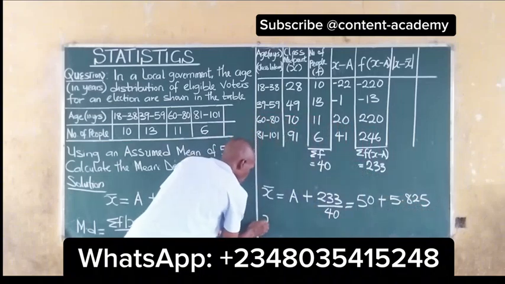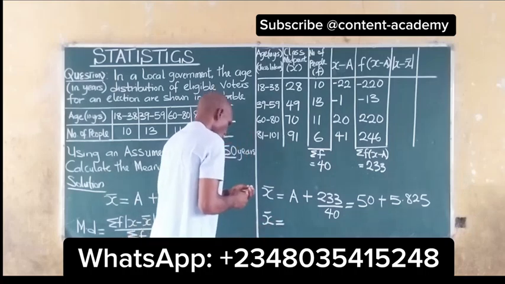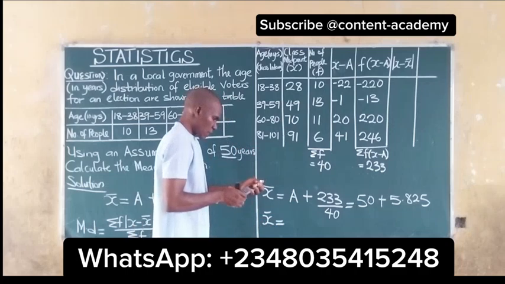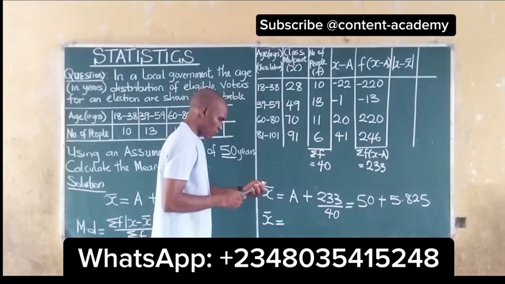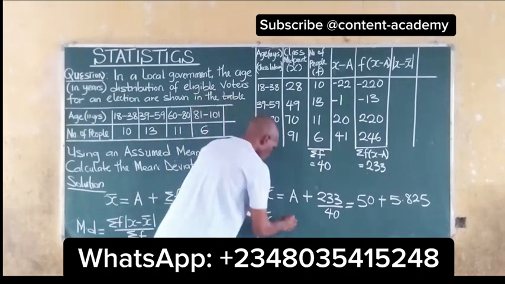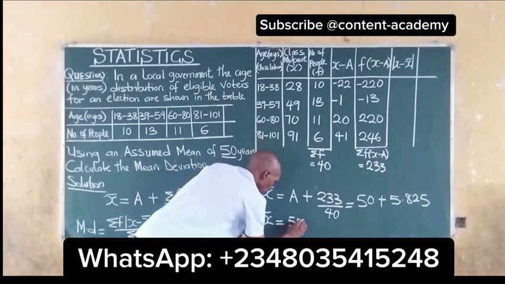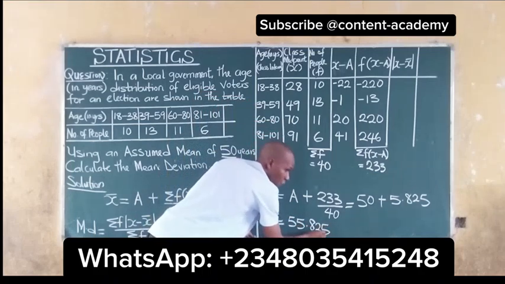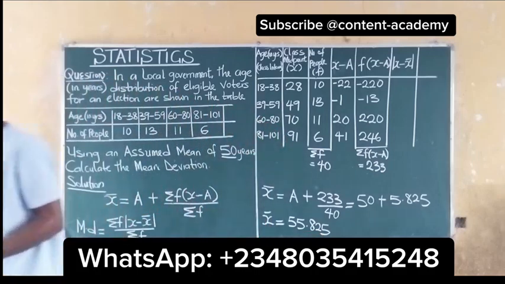So x bar, which is our mean, will be 50 plus 233 divided by 40, which is 50 plus 5.825.